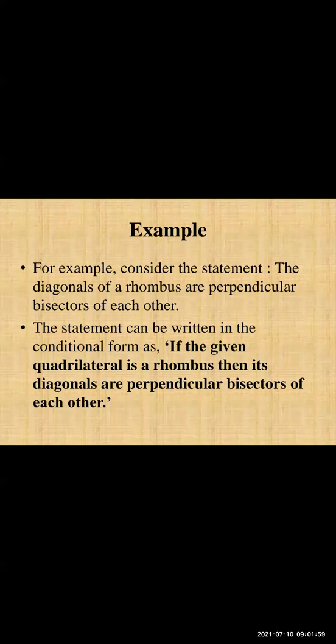Whatever quadrilateral is given to us, if it is a rhombus, then we will say that its diagonals are perpendicular bisectors of each other. So this is the conditional. This is how we put a simple statement into a conditional statement, using if and then.